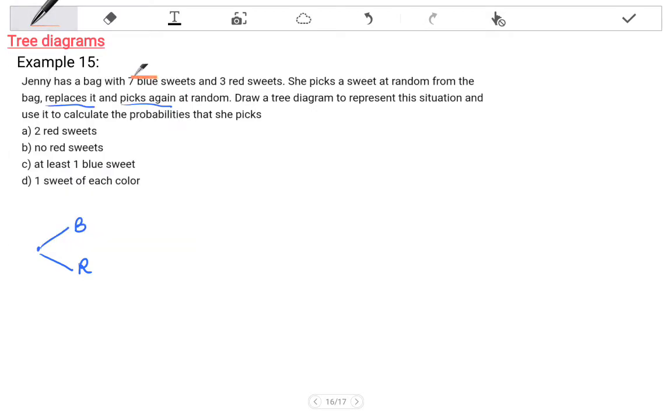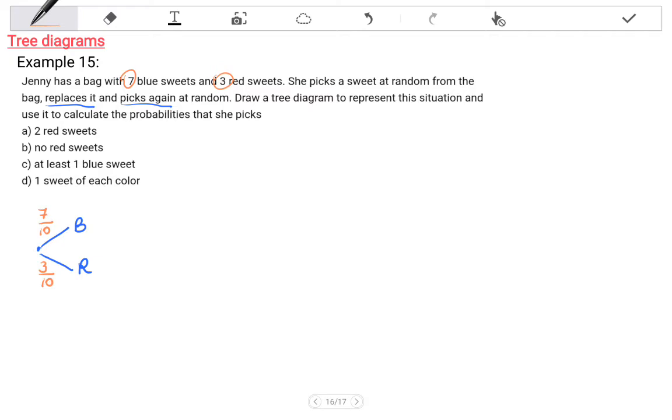There are 7 and 3, which together make 10. So there are 10 in total, and out of 10 there are 7 blues. This is the probability of selecting a blue for the first choice. And out of 10 there are 3 reds, so 3 over 10 is the probability value of choosing a red sweet for the first choice.